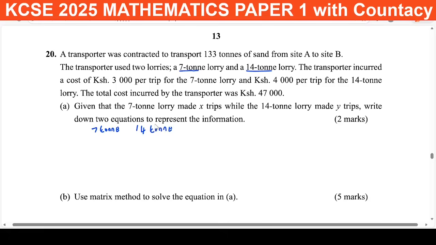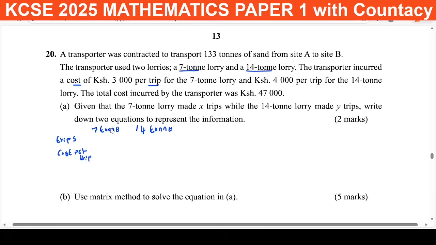And is there anything that you are told? The thing that you are told about these is the trips they made and the costs per trip. You see how simple this is, because what we really need to know is the trips made and cost per trip. Only these, and we'll be able to form some equations.